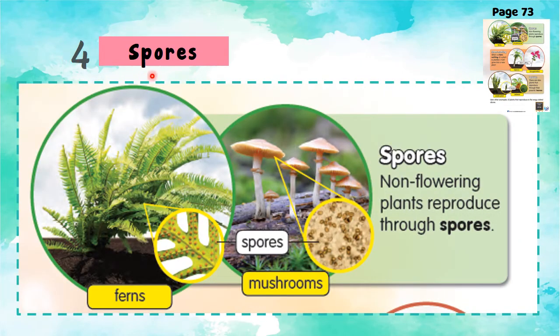Ways of reproduction number 4 is through spores. Spores adalah spora. Non-flowering plants reproduce through spores.